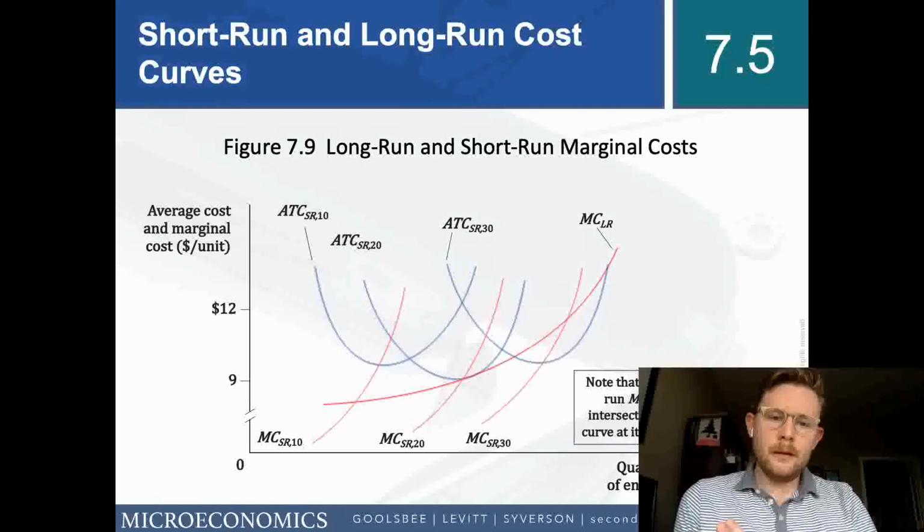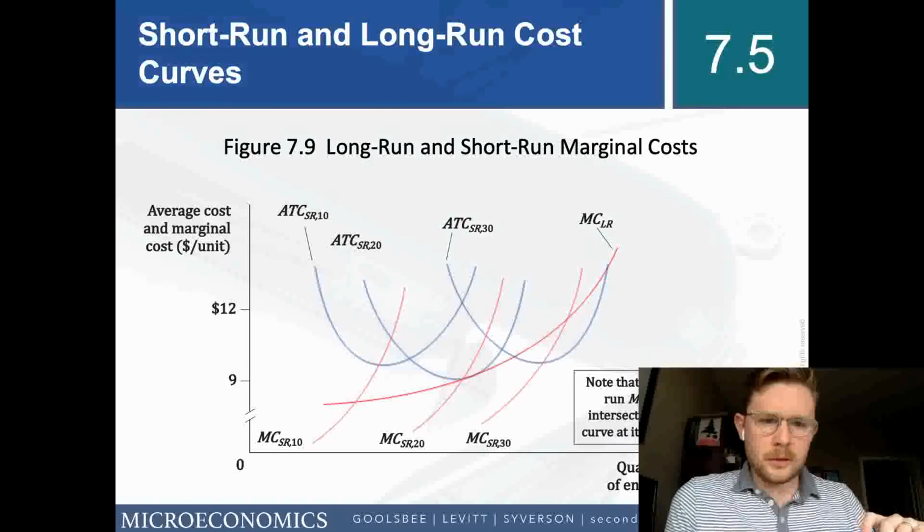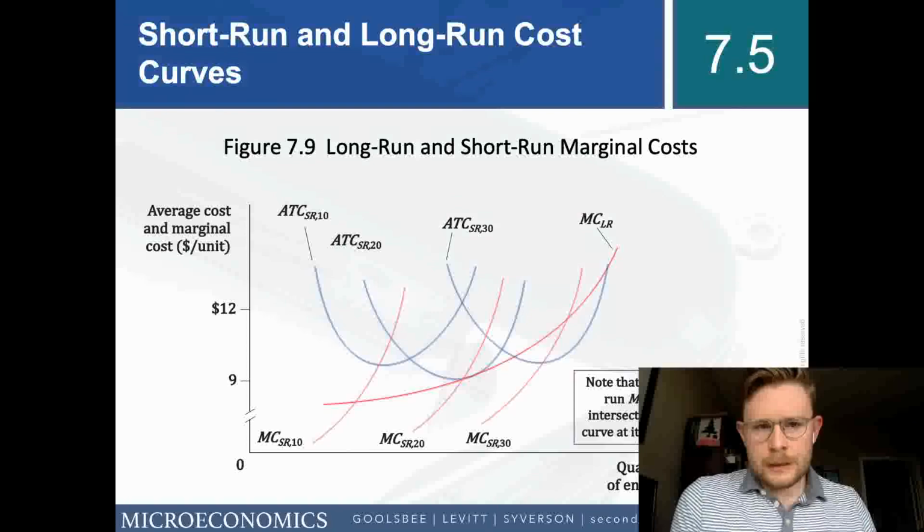Then as the marginal costs start increasing again, the long run average costs start increasing again. Okay. The important point to remember is that the marginal cost curve pulls up or pulls down the average cost curves. It's the same in the long run as in the short run.